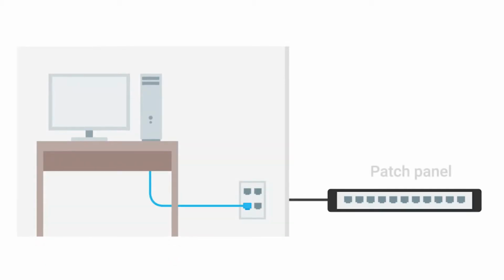Sometimes a network port isn't connected directly to a device. Instead, there might be network ports mounted on a wall or underneath your desk. These ports are generally connected to the network via cables run through the walls that eventually end at a patch panel.